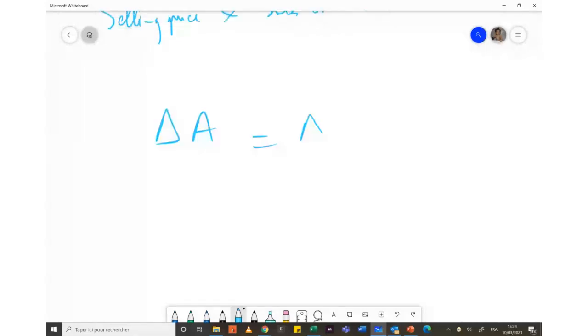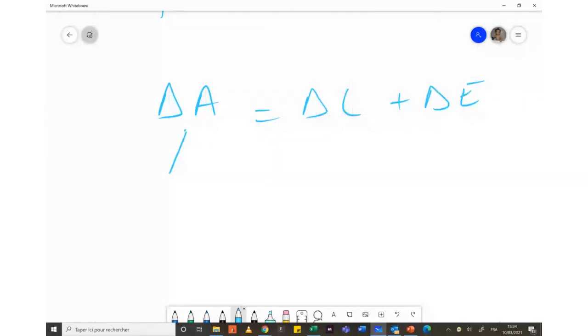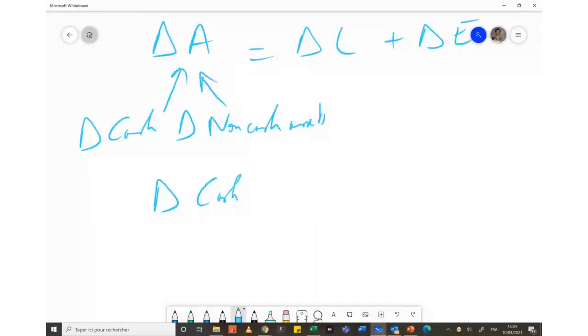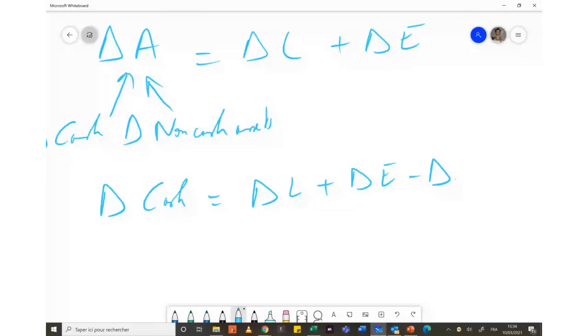In the change in assets, we have the change in cash and the change in non-cash assets. So if we want the change in cash, we need the change in liabilities plus the change in equity minus the change in non-cash assets.